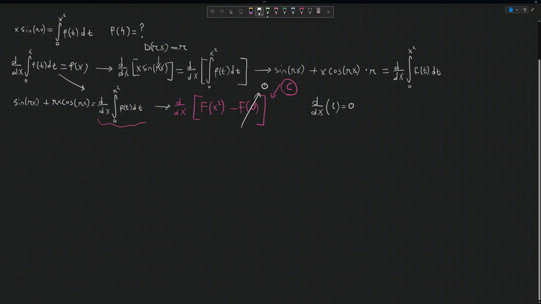So what we are left with is the chain rule: f of x squared times the function inside of it, 2x. So this whole thing is equal to f of x squared times 2x, which is equal to sine of pi x plus pi x cosine of pi x.